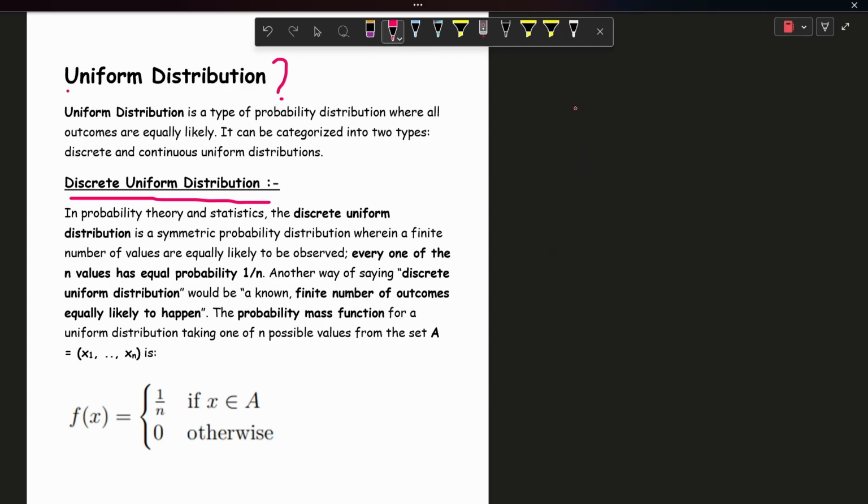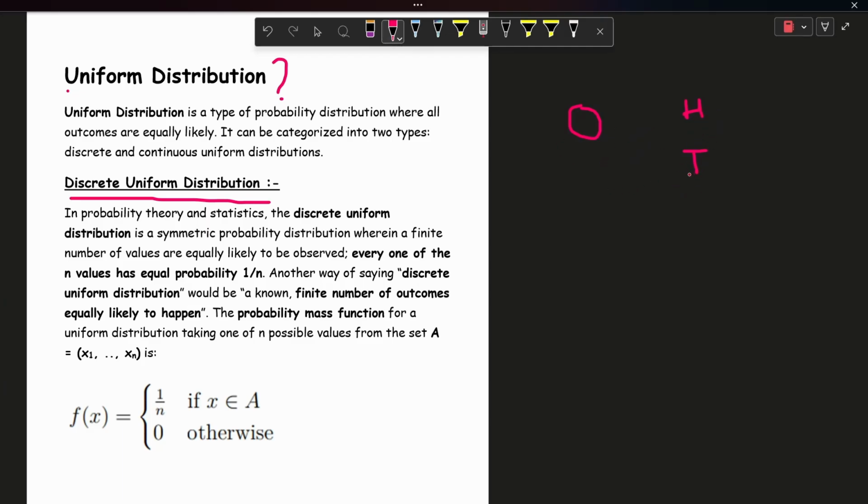So, for example, if you toss a coin, it will have a head or a tail as the outcome. They have equally likely chances of occurring when you toss a fair coin. It follows a discrete uniform distribution. It has a finite number of outcomes.